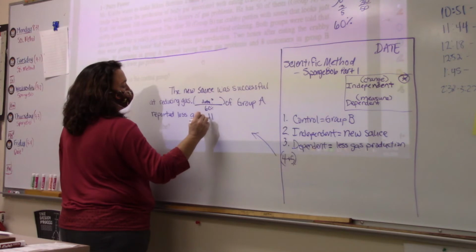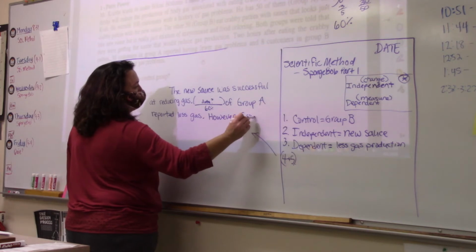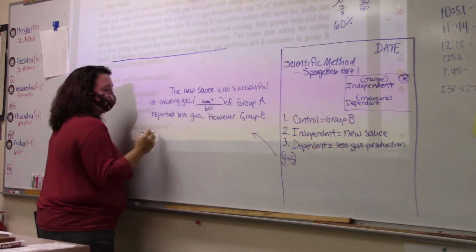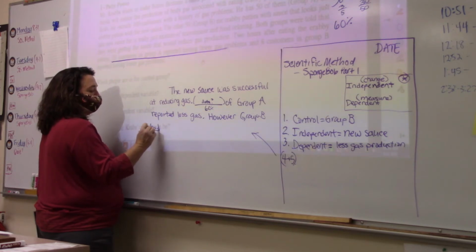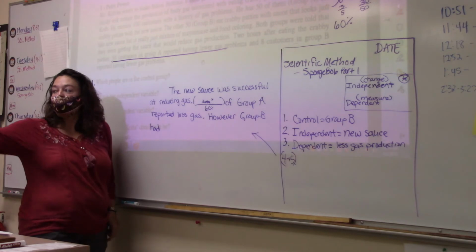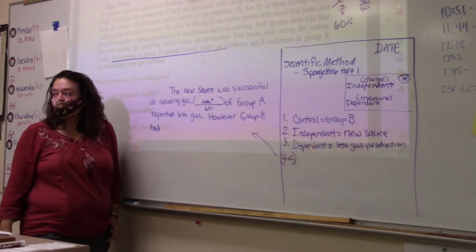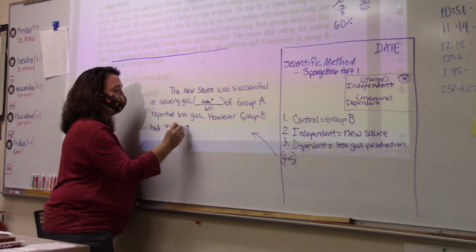However, did we have Group B report less gas? How many? 8 out of 50. Can I say 8 out of 50?